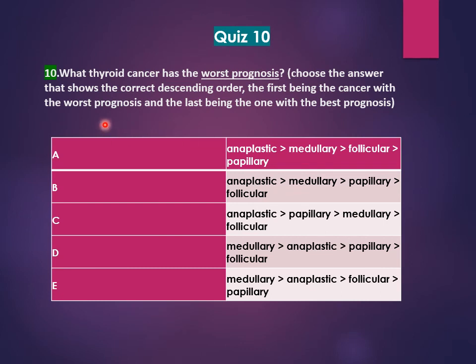Quiz number 10. Which thyroid cancer has the lowest prognosis? Choose the answer that shows correct descending order, first being the cancer with the worst prognosis and the last being the one with the best prognosis. A. Anaplastic, medullary and follicular, followed by papillary.